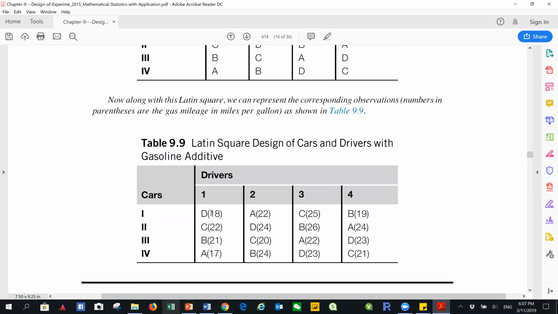You can see the first driver driving the first car uses D, and the result is 18 miles per gallon. And when he drives the second car with C, 22, and so forth, different miles per gallon.